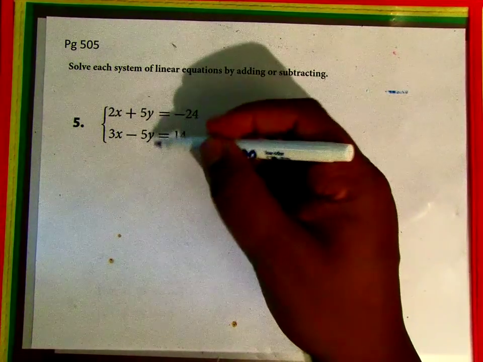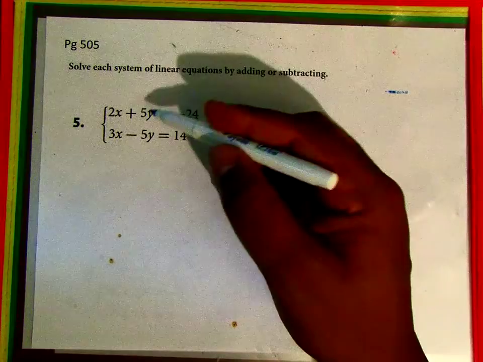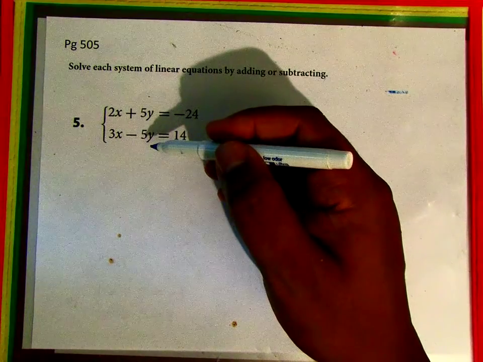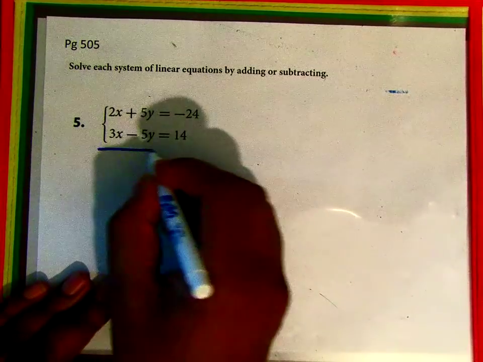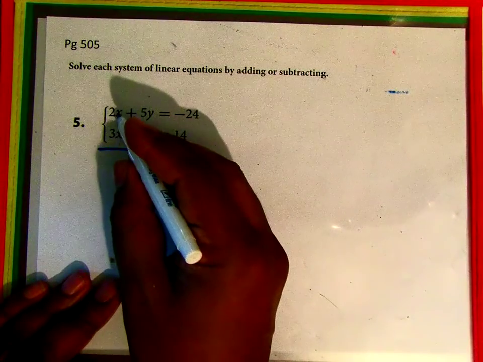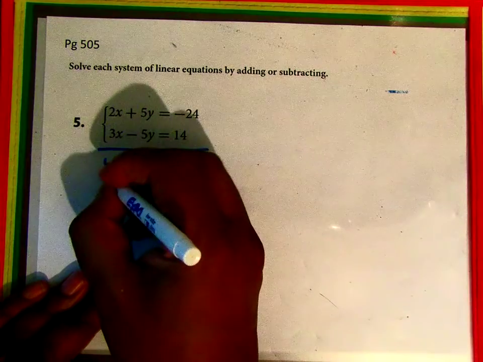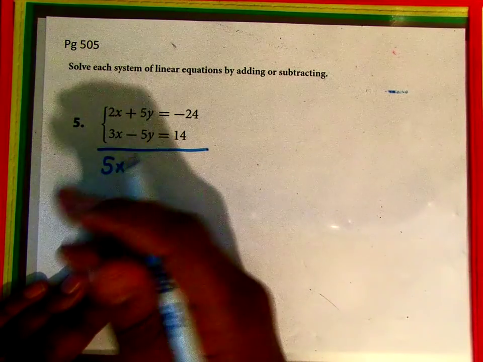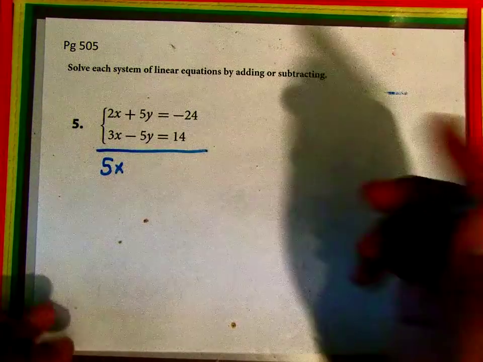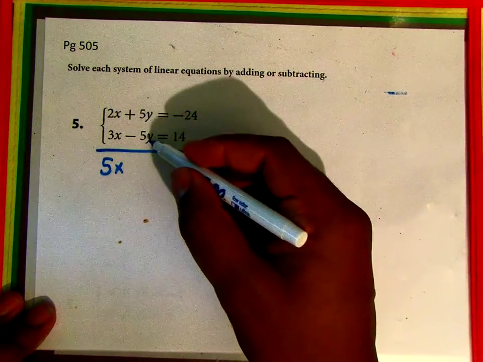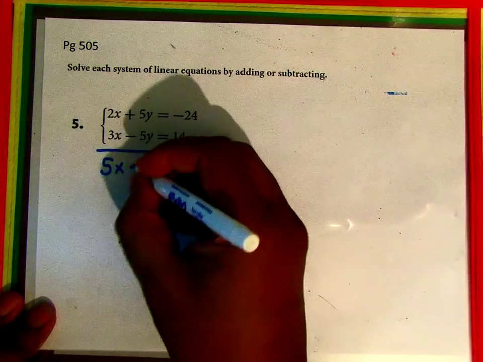When we add this just like it is, what's going to happen is the 5y is going to eliminate. So let's show you. So now I have 2x plus 3x, it's going to give me 5x. And 5y plus a negative 5y is going to be 0.